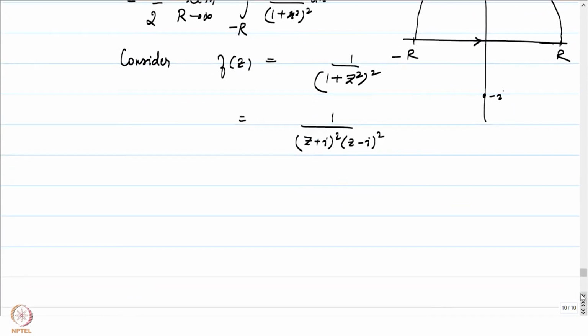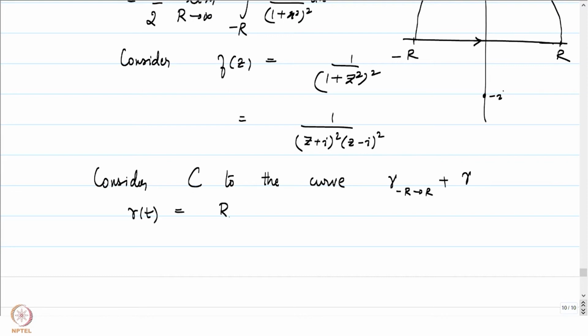So, let me call the curve C to be gamma minus r to r concatenated with gamma, where gamma of t is just capital R e to the power i t for t from 0 to pi.